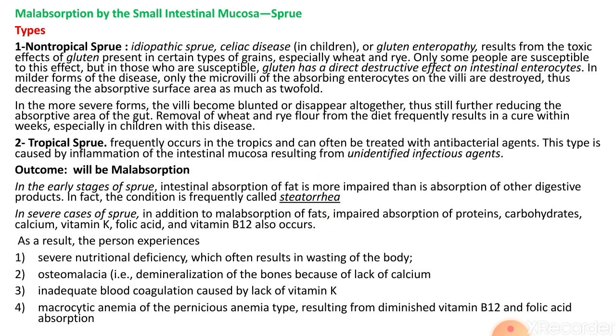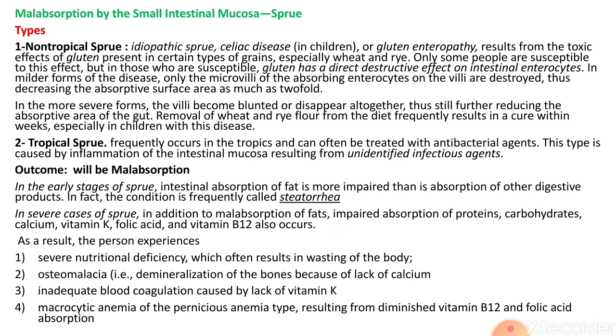In severe cases, the malabsorption does not affect fat only, but also the other types of food, vitamins or minerals which are absorbed in the small intestine, like carbohydrate and protein. So with malabsorption of protein and carbohydrate, we will end with nutritional deficiency.